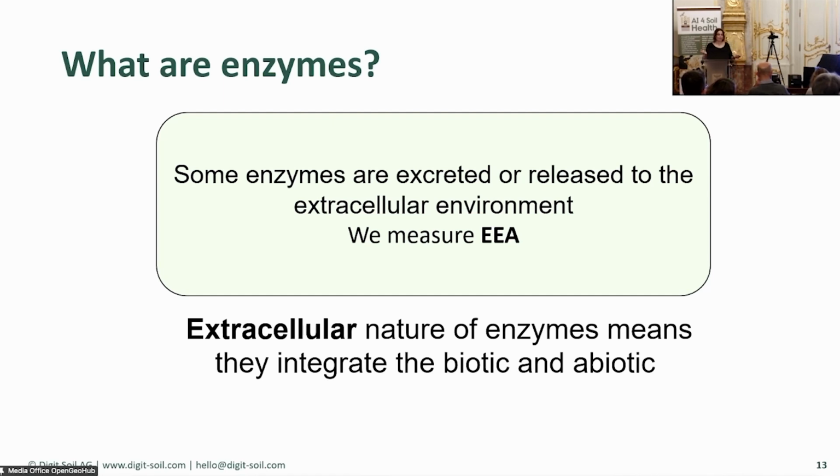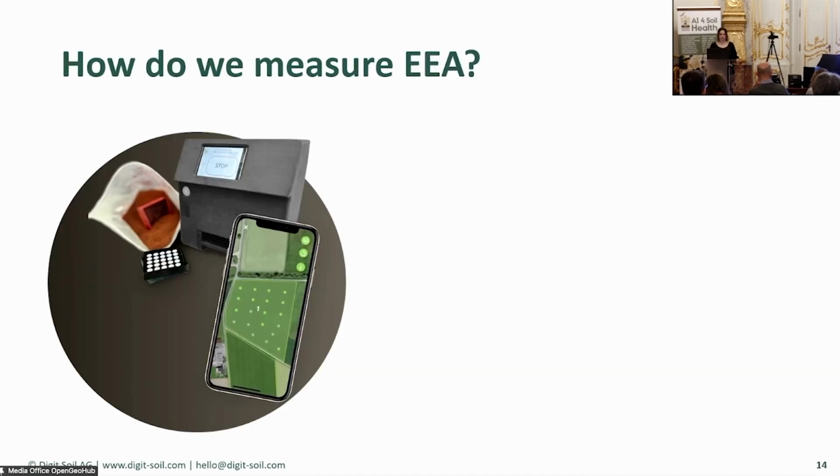At this point, the proteins are also subject to abiotic interactions like sorption or degradation due to temperature or frost. So extracellular enzymes are subjected to abiotic and biotic processes, and they integrate over both, which makes them very interesting.